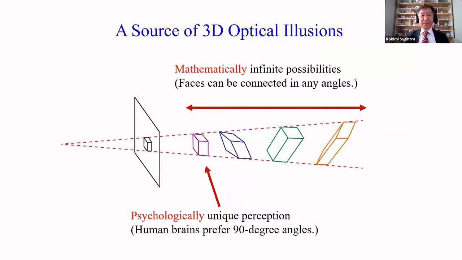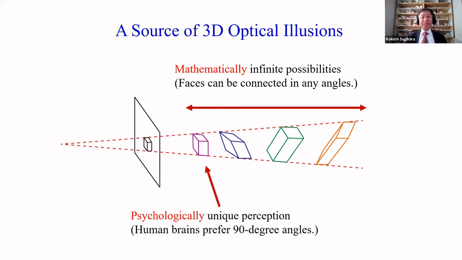And the basic principle to construct 3D objects from 2D impossible figures is the following. When we see the pictures, our brains usually perceive some special fixed object uniquely up to scales.